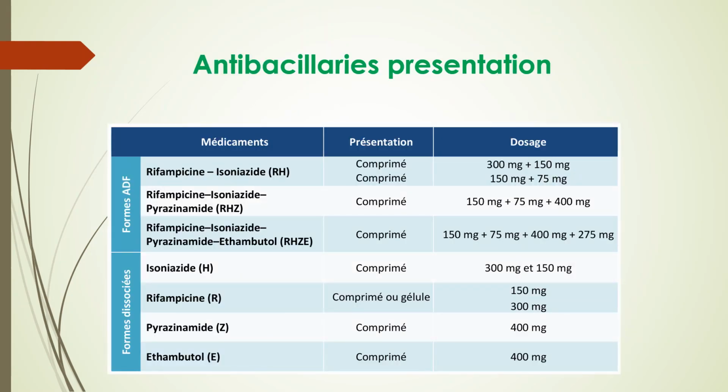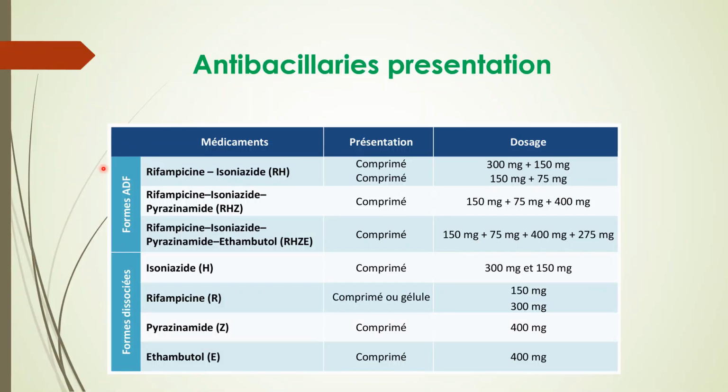Here we have the presentations of the antibacillary drugs. They could be given as associated forms or disassociated forms. The disassociated forms are each one alone: isoniazid, in pills of 300 milligrams and 150 milligrams, rifampicin, pyrazinamide, and ethambutol.